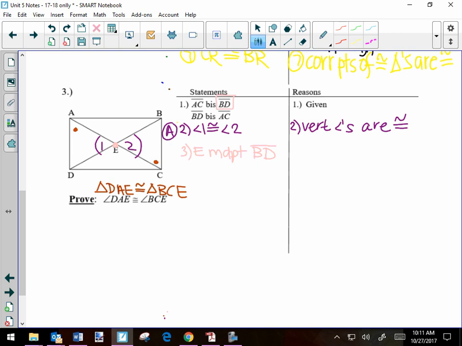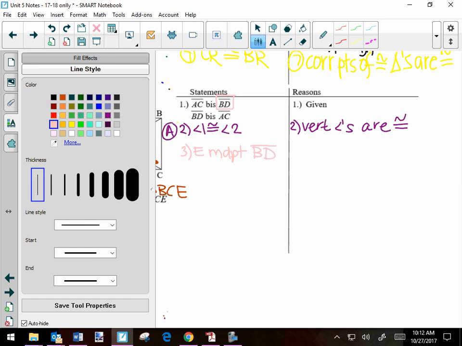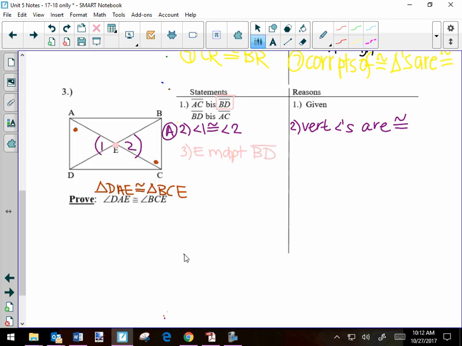But I want you, while we're here, to also take a look at the second given. In the second given, you're going to see that it says that BD also bisects AC. So this is reciprocated. Sometimes only one of the segments gets a midpoint. In this case, those 2 segments are actually bisecting each other. So this point E is also the midpoint of segment AC.